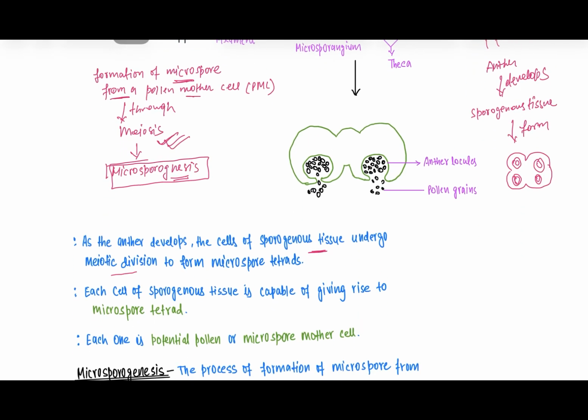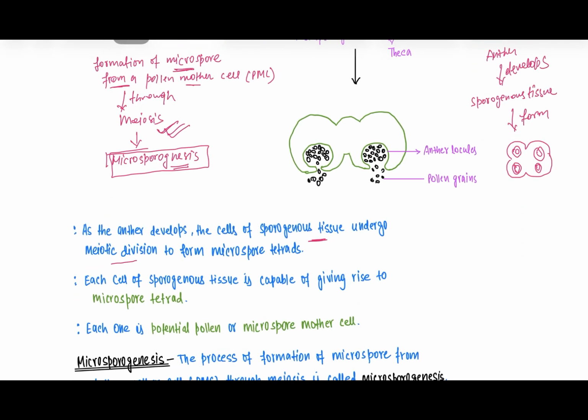Each cell of sporogenous tissue is capable of giving rise to a microspore tetrad.